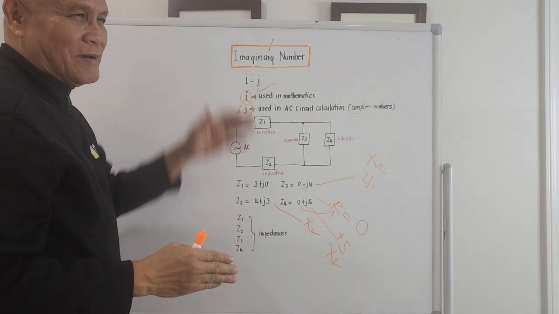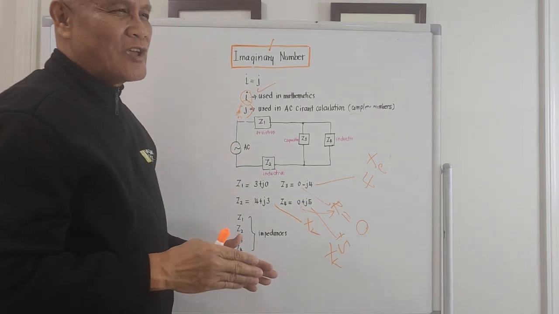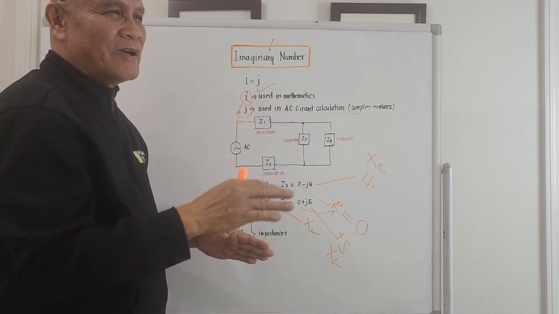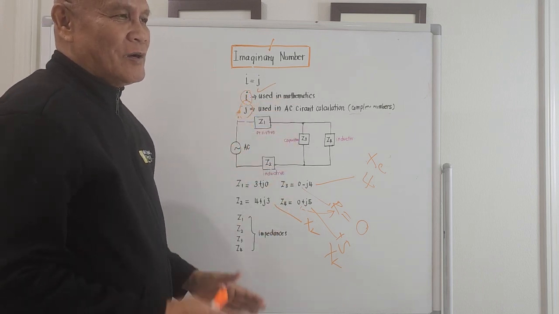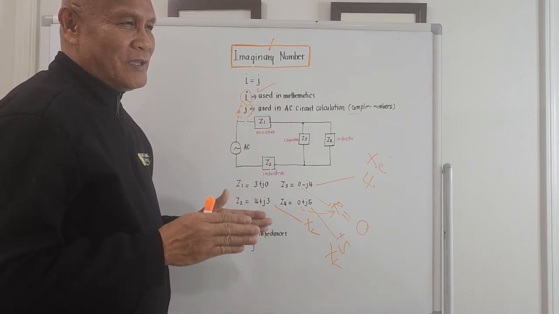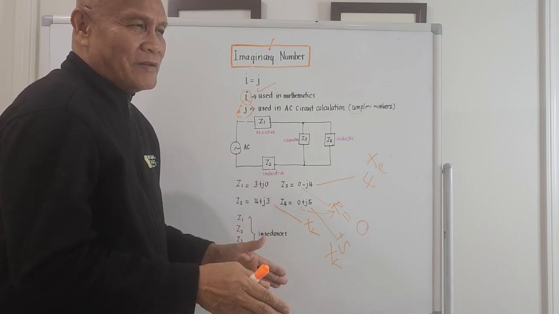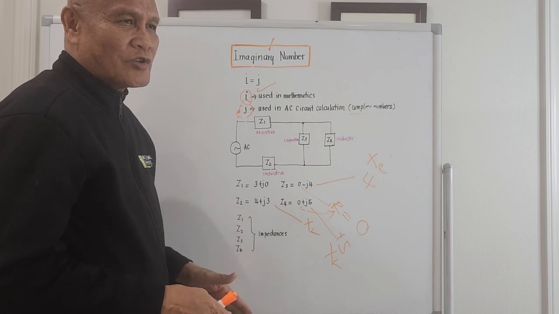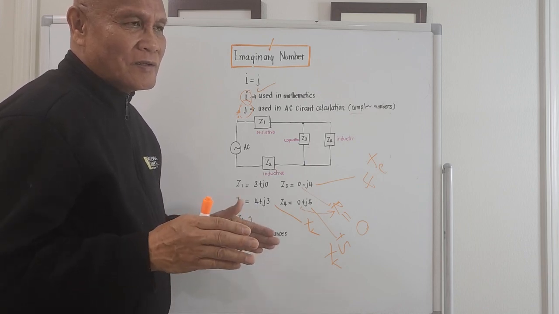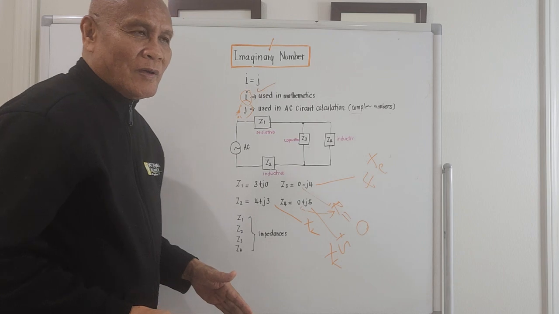For me, what the equivalent of I to the I is, I don't mind about that. What I mind is the real application of this J for mankind, and we use this in the calculation of alternating current circuits.